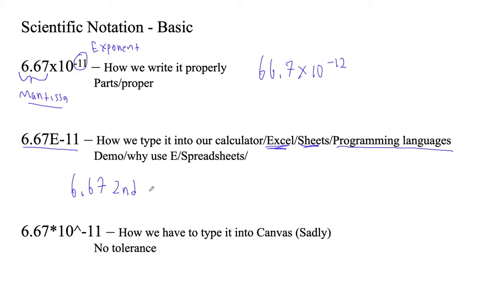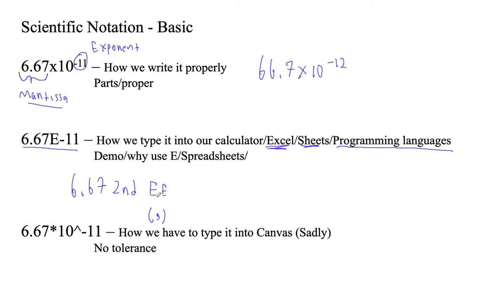But it's second and then it's EE, which just means, I don't know, exponent. I don't even know why it's EE. Okay, but you're going to go second EE, which by the way is the comma. I never use the comma. Okay, I always use this, right? I wish I could just flip those, right?